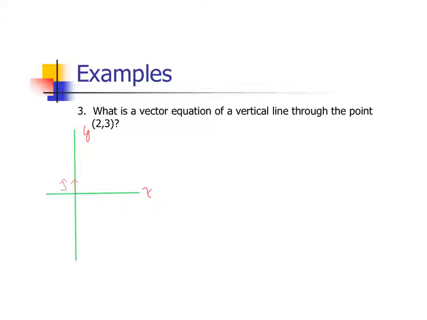Remember the vector j is 0, 1, but it is a vector that's parallel to the y-axis. So because it's parallel to the y-axis, it's parallel to any vertical line, which means we can use it as a direction vector now for any vertical line.